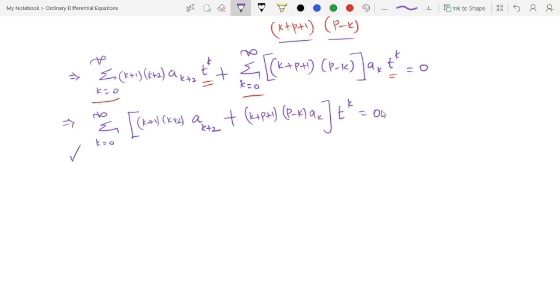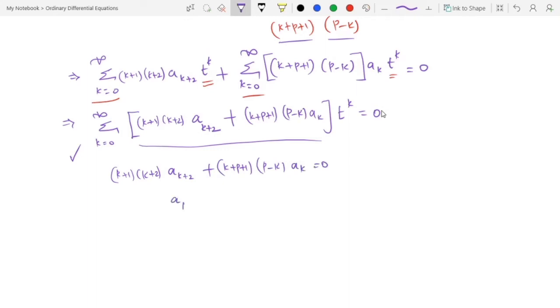Summation equal to 0 means the value inside the summation is equal to 0. So we have (k+1)(k+2) a_{k+2} + (k+p+1)(p-k) a_k = 0.